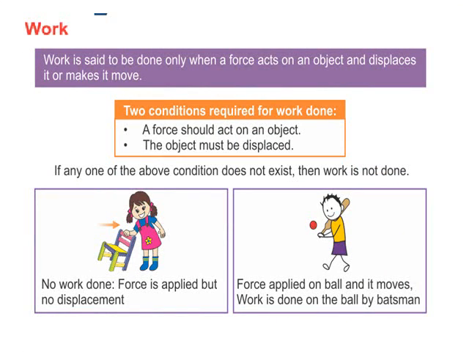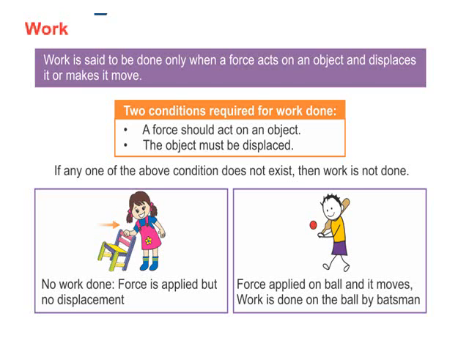Yes, children, now let us see what is work in science. See the definition here. Work is said to be done only when a force acts on an object and displaces it or makes it move.